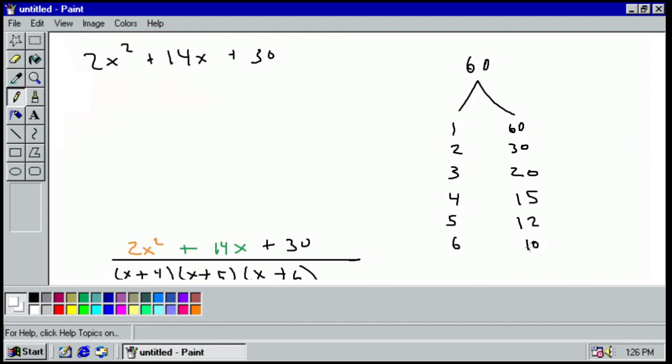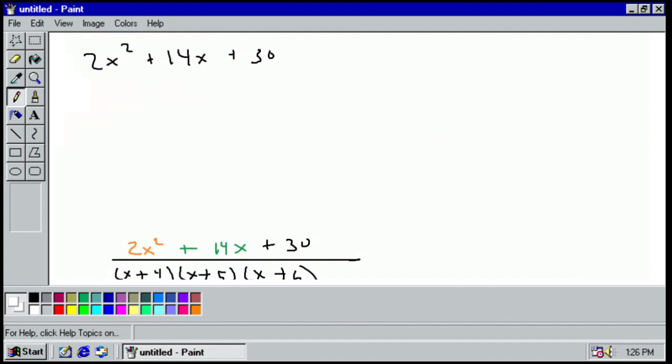60 divided by 7, 60 divided by 8, divided by 9, we can't. I guess that's all the factors, and none of these factors will give us the factored form of 2x squared plus 14x plus 30.